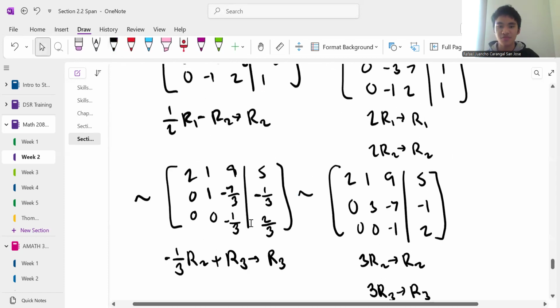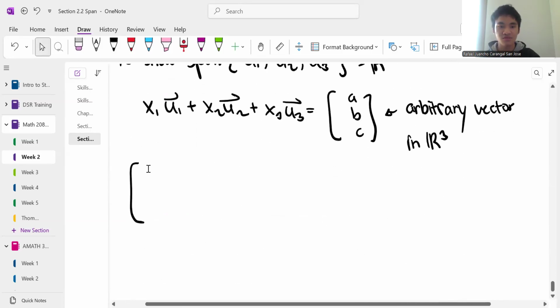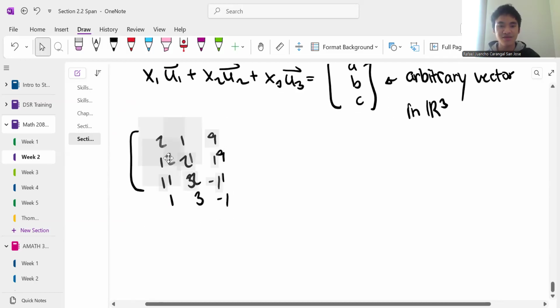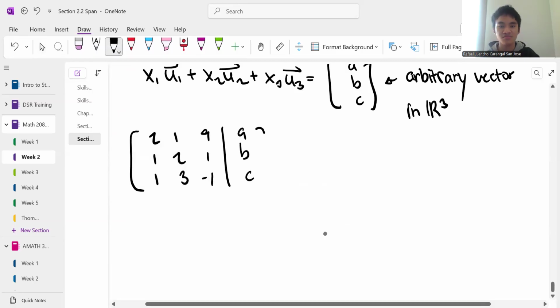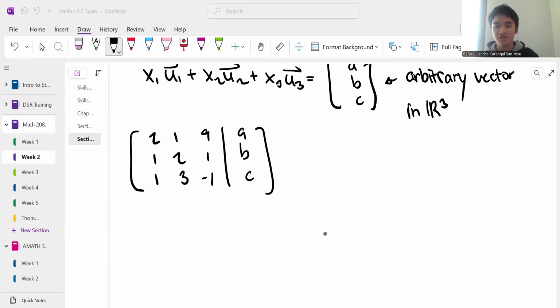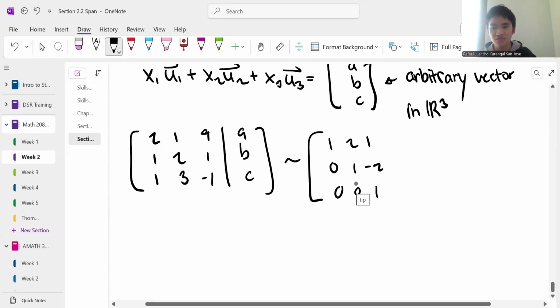Let's immediately do an augmented matrix. I'll copy paste this thing. Oh god, you're telling me to do all of that? That's okay. I'll just skip through all of it. A, B, C. If we do a lot of this, we get this matrix here, which is 1, 2, 1, 0, 1, -2, 0, 0, 1.